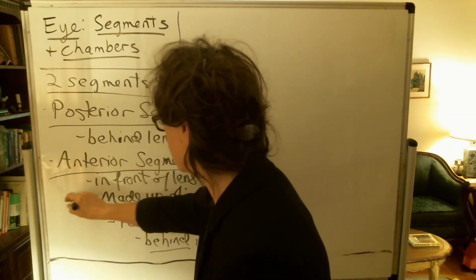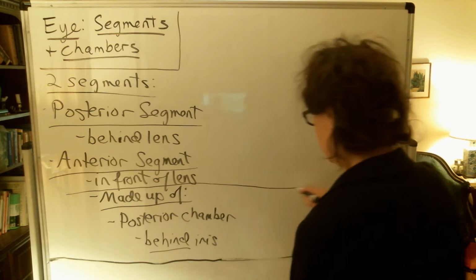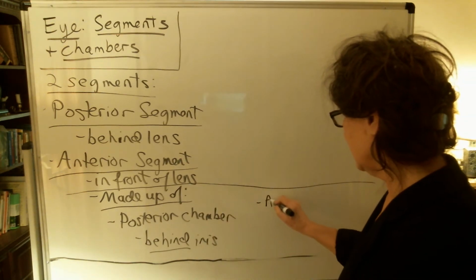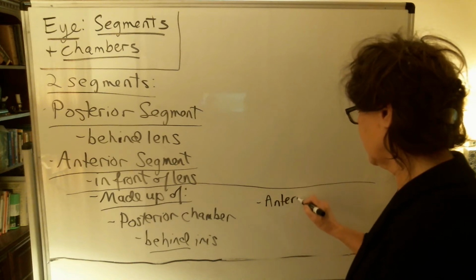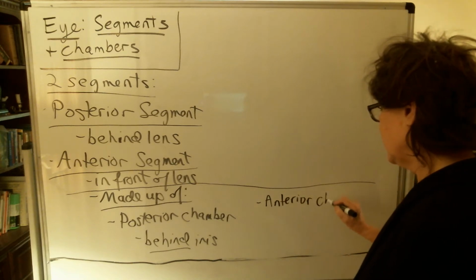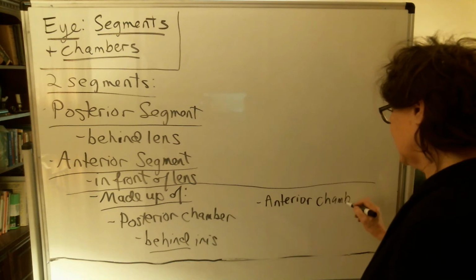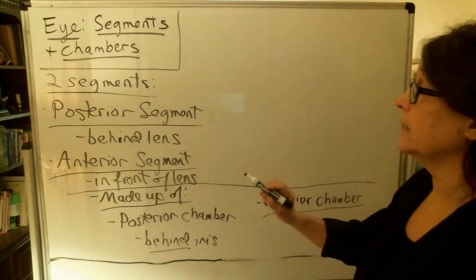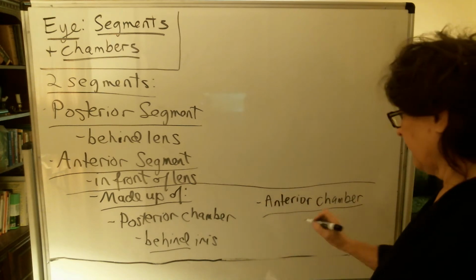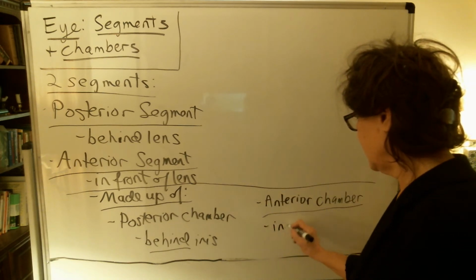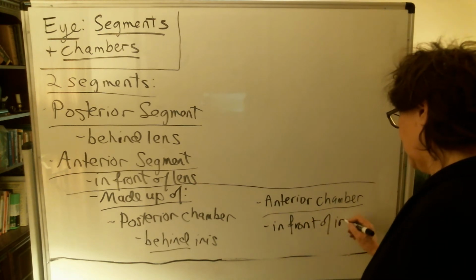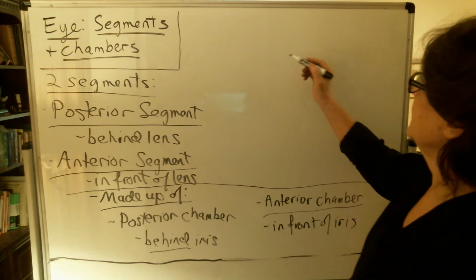And then also, there is also the anterior chamber of the posterior segment, and that then is what is in front of the iris. So let's draw this again.